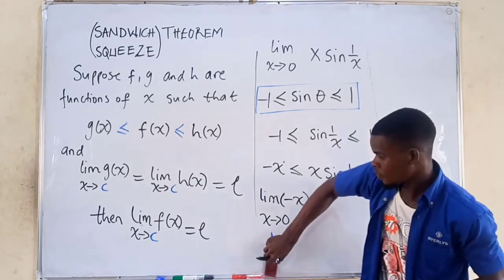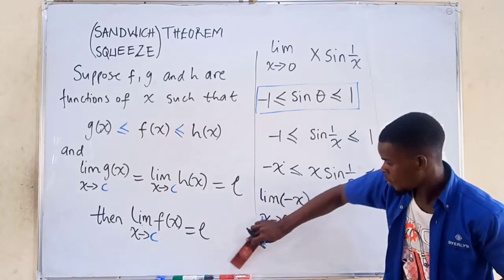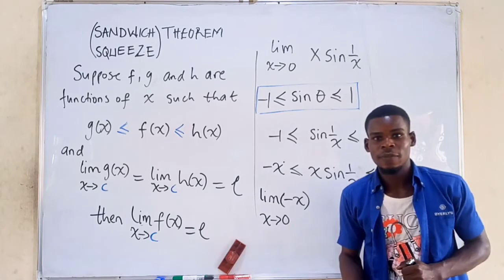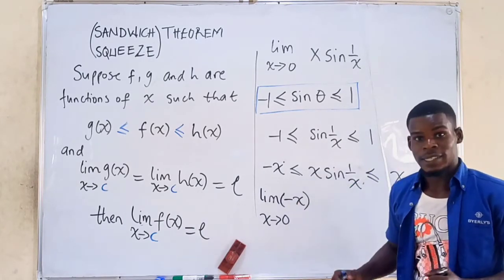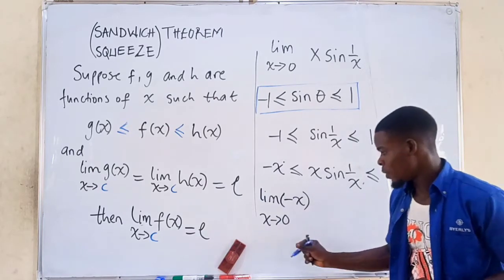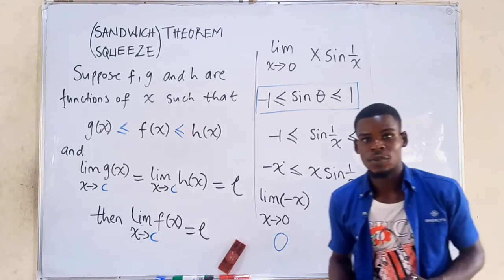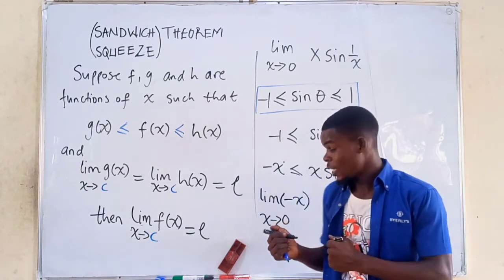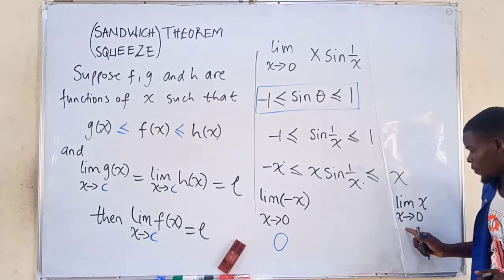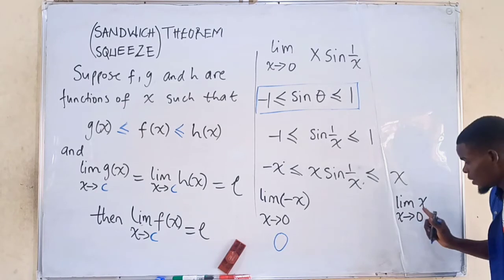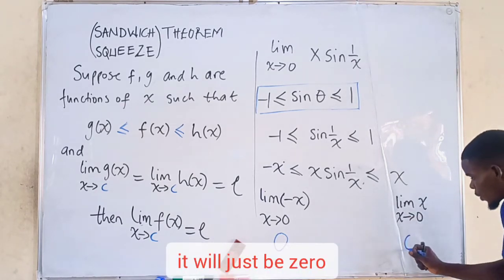So let's see what we've got. As x approaches 0, negative x will be negative 0, which is the same thing as 0. So this limit gives us 0, because as x approaches 0, it's negative 1 times 0, which is just 0. Again, let's look at this other function, the limit of x, the identity function, as x approaches 0. This one is simple; it will just be 0.